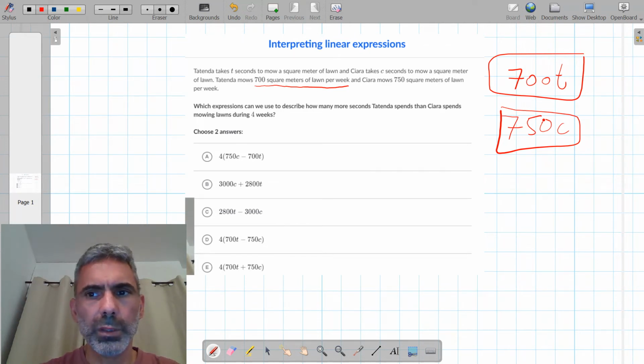So the difference per week is how many more seconds Tatenda spends than Ciara spends.